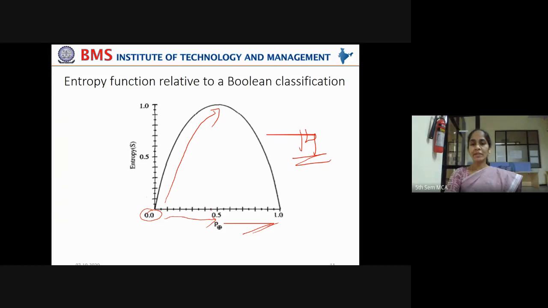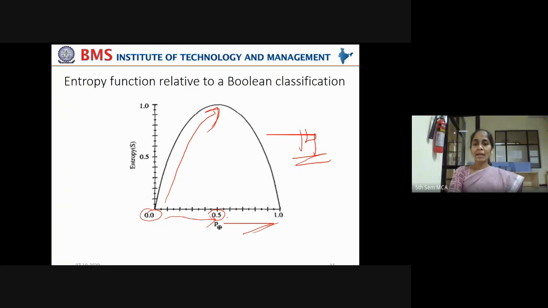What I meant by 0.5 is 50% of the training examples are positive and 50% are negative. In that case, the entropy will be very high because the uncertainty in prediction from the decision tree will increase a lot. It may predict 50% positive class or 50% negative class, so the entropy will be 1, very high.